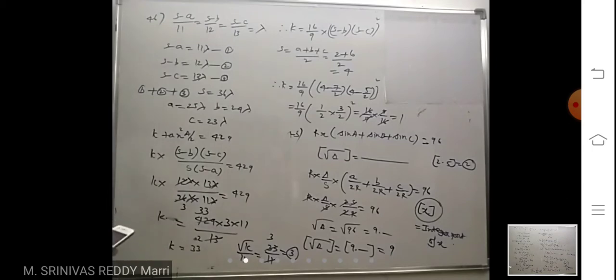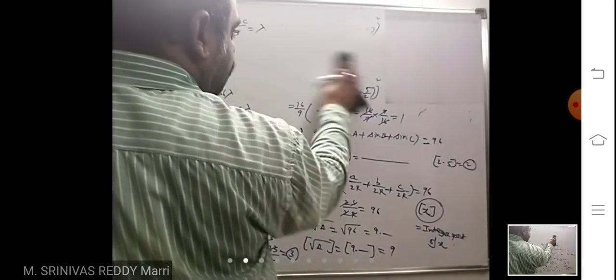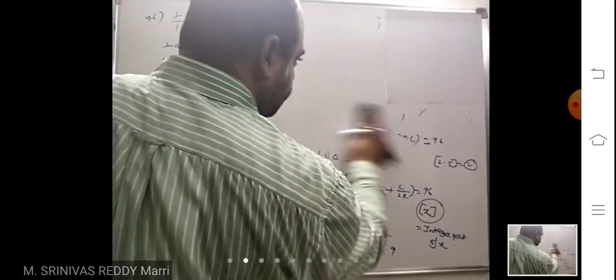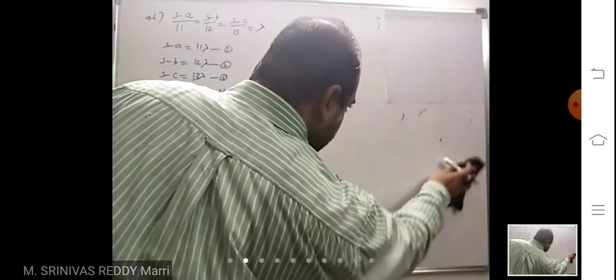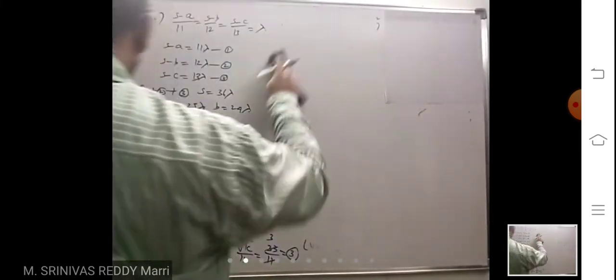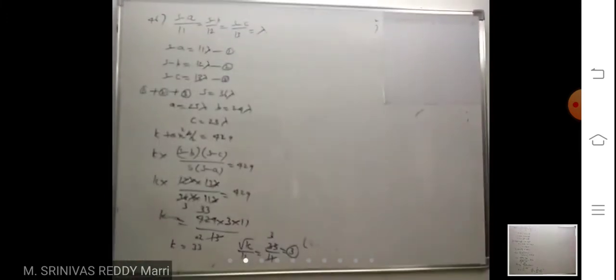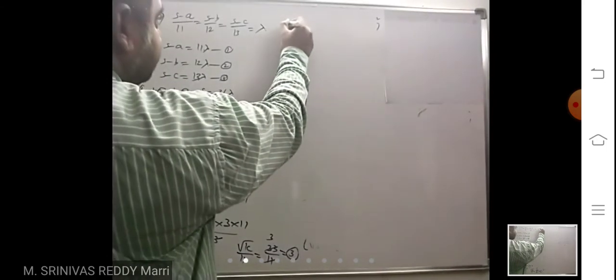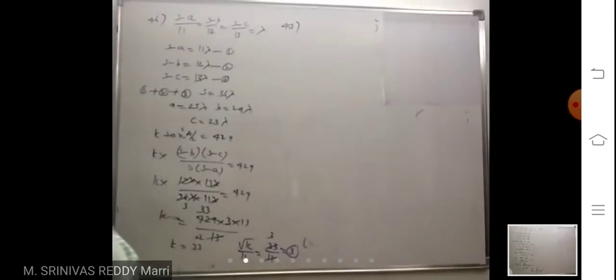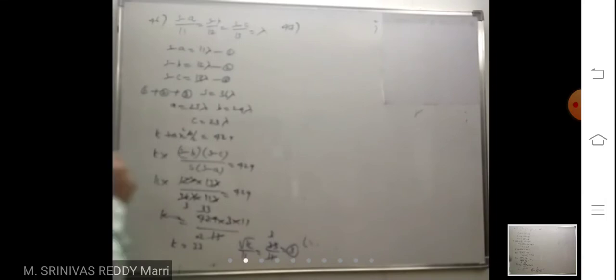Look at 47. In triangle ABC, given angle A equals pi by 3. Draw the diagram.